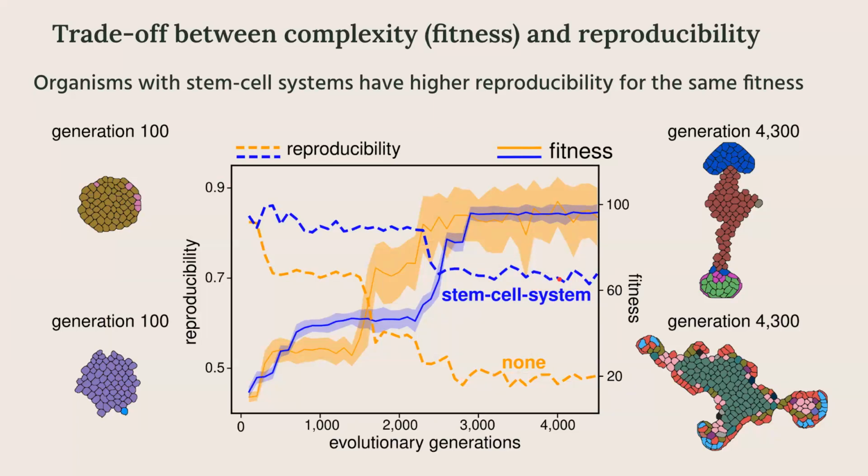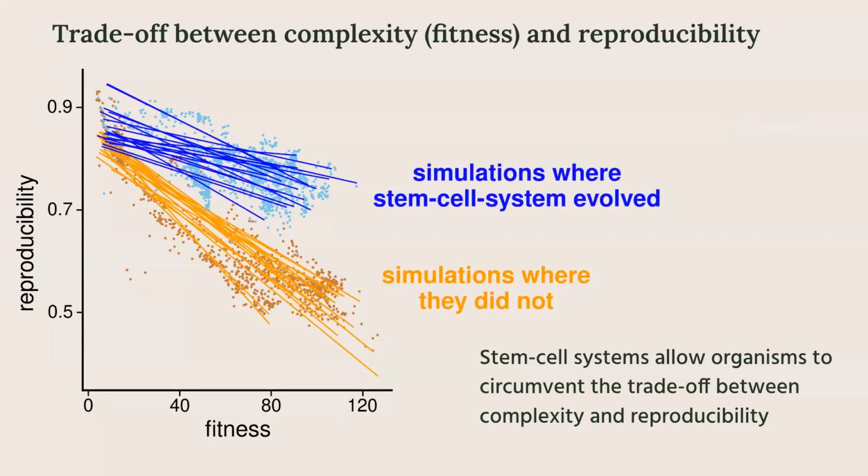So I repeated these measurements for many simulations, measuring the reproducibility and the morphological complexity of many organisms throughout the simulation: organisms at the beginning, in the middle, and at the end. I measured the trade-off between reproducibility and fitness, which is morphological complexity.